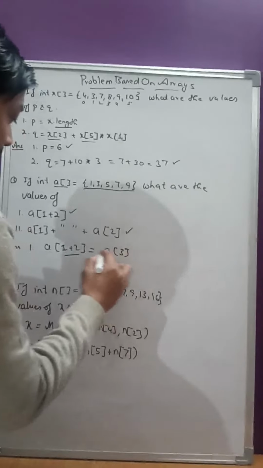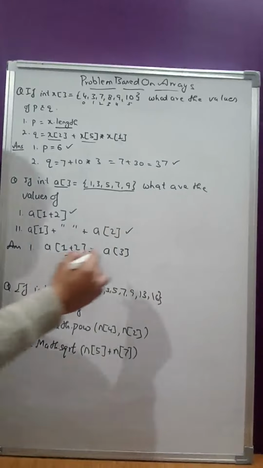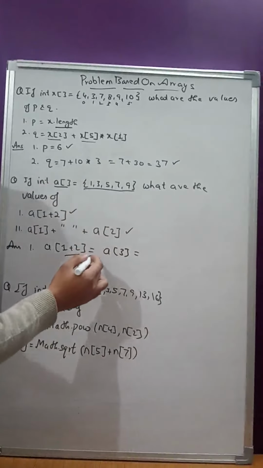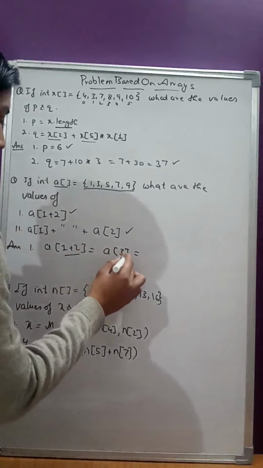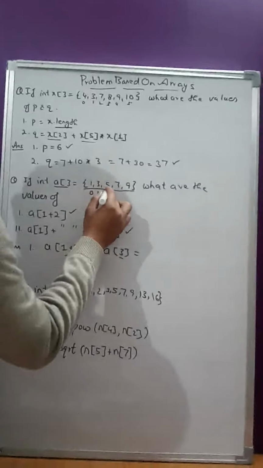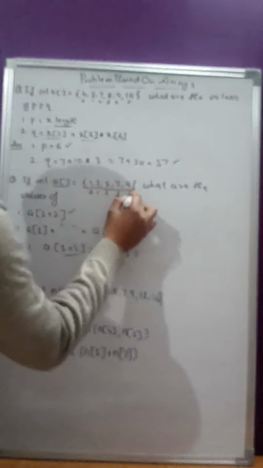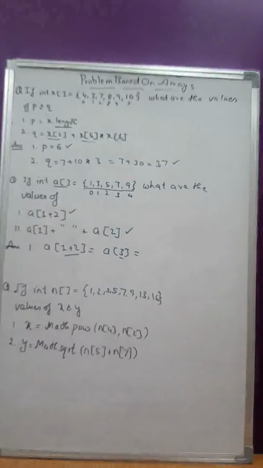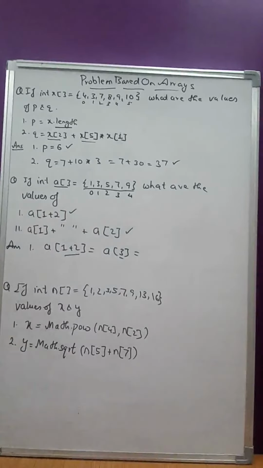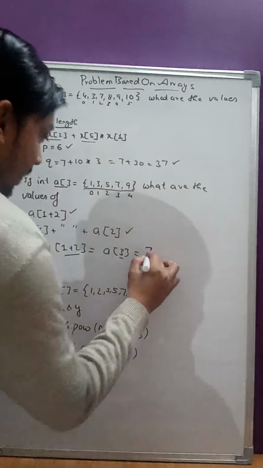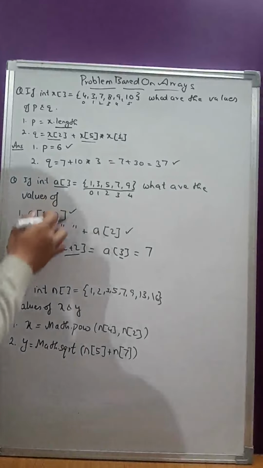When you add 1 plus 2, that is equal to 3, the element at index 3. So 0, 1, 2, 3 and 4. On index number 3 you have an element equal to 7. So 7 will be the answer for the first expression.